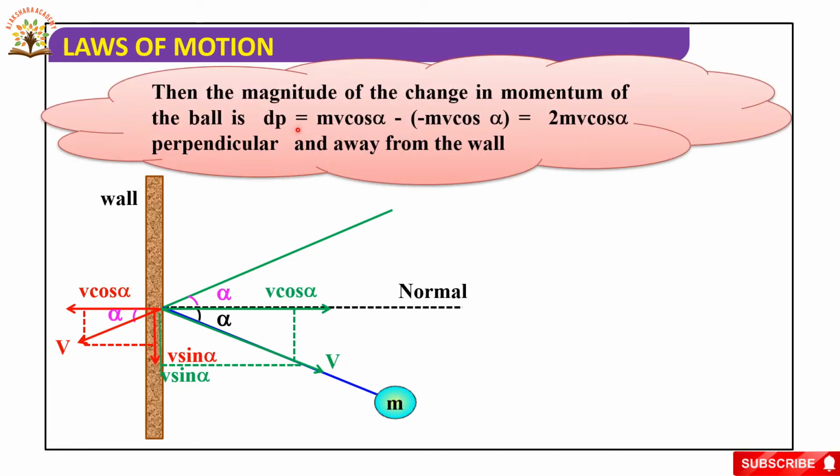Now the magnitude of change in momentum of the ball is dp equals mv cos alpha minus of minus mv cos alpha, so 2mv cos alpha, perpendicular to and away from the wall.